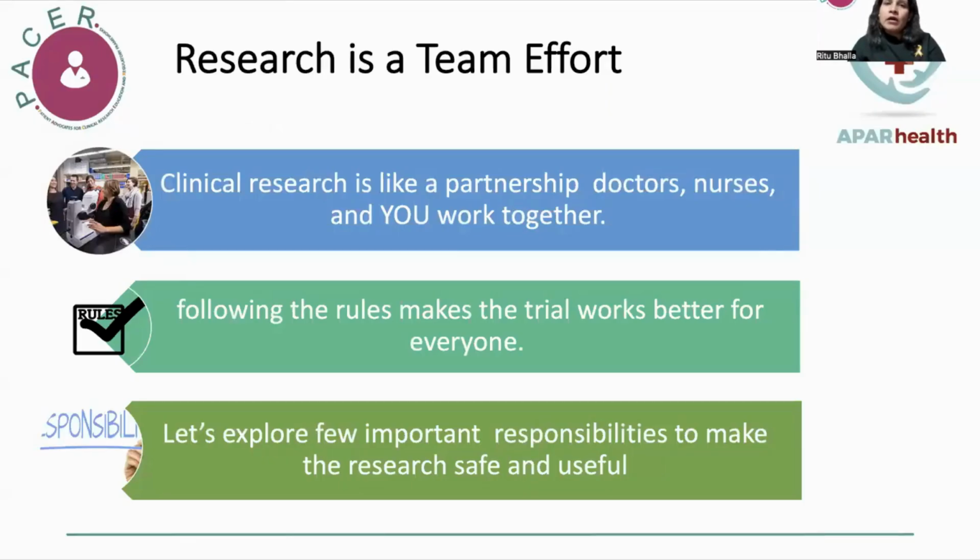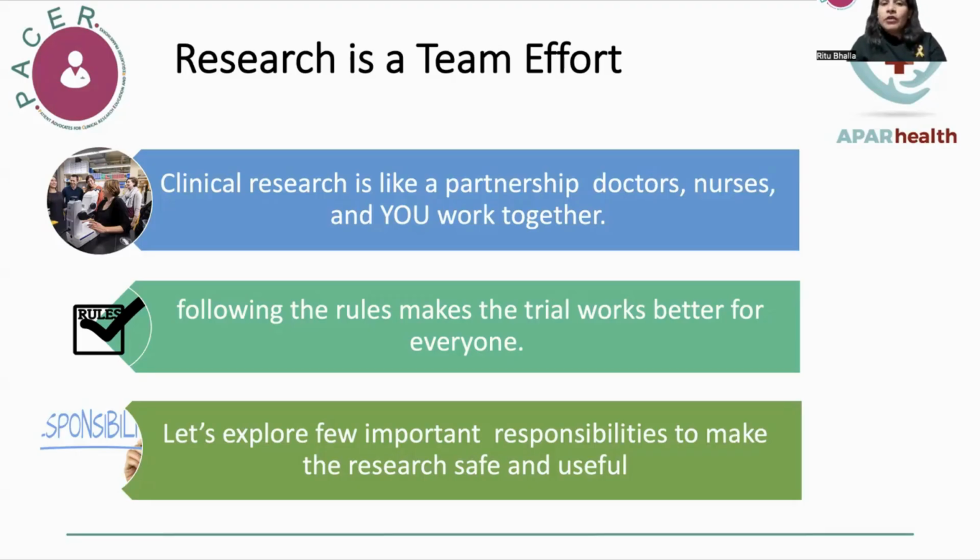We talk about three important things. Clinical research is like a partnership with doctors, nurses, and you together. You are working towards a main goal of ensuring that whatever study, medicine or procedure they are testing in that period of the clinical trial, you are a team together, right?